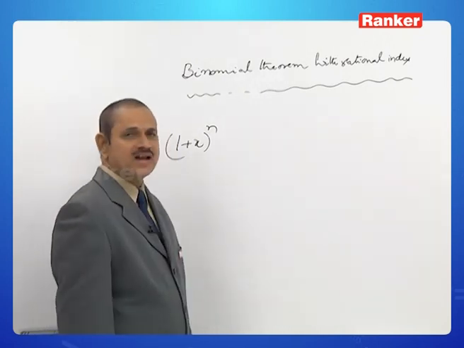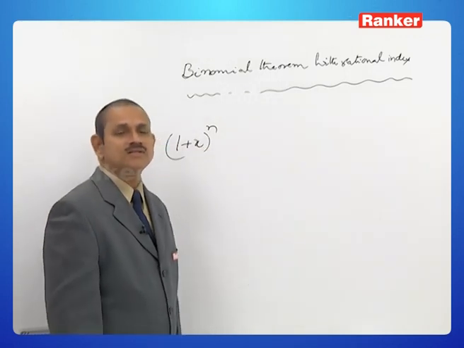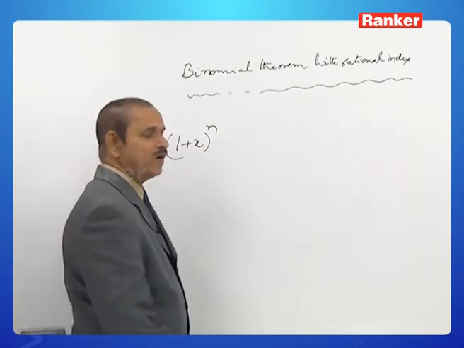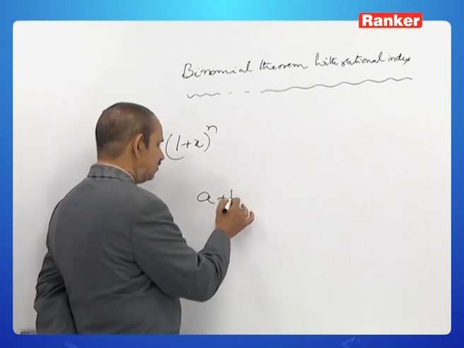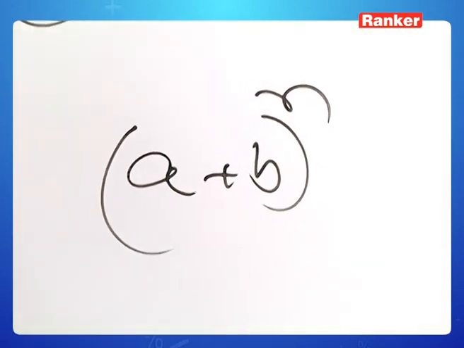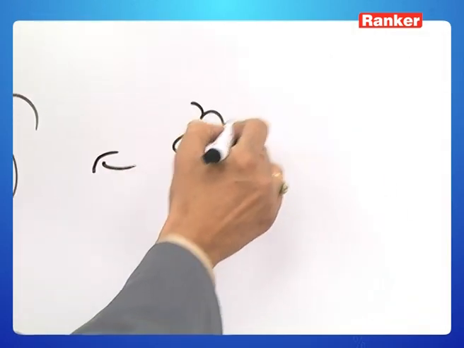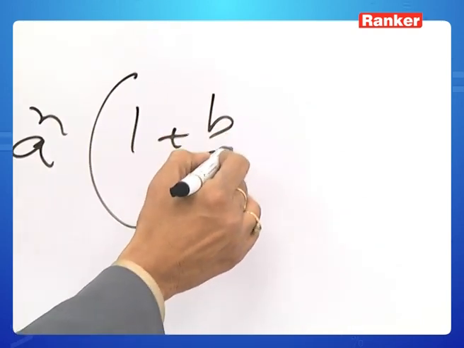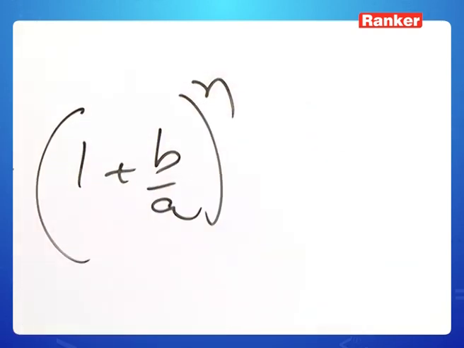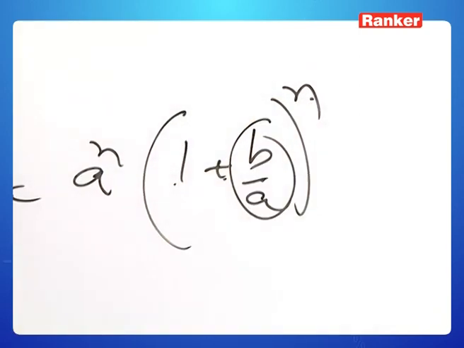Beyond that, there is another question. Why is it necessary to look at (1 + x)^n? Why don't we look at (a + b)^n? Even if you get (a + b)^n, this can be taken as a^n into (1 + b/a)^n, and this looks like (1 + x)^n.